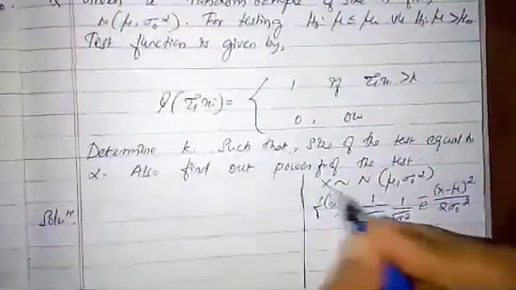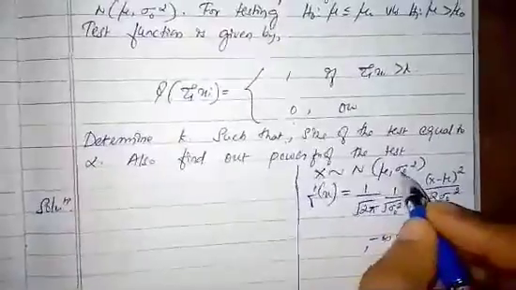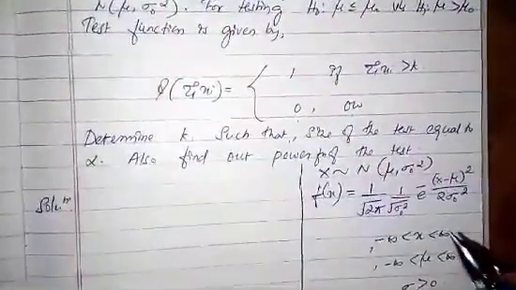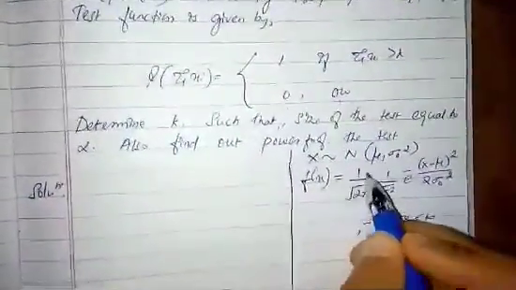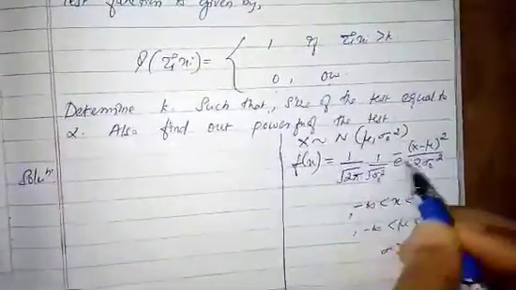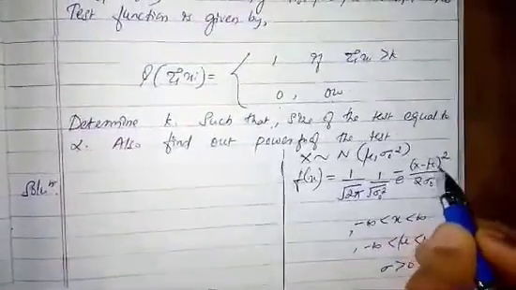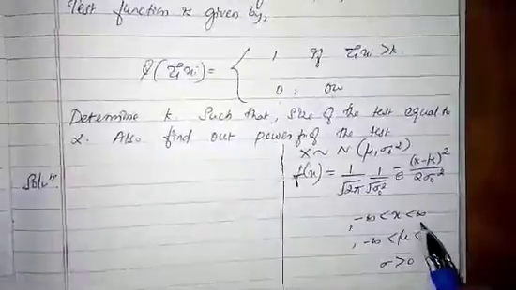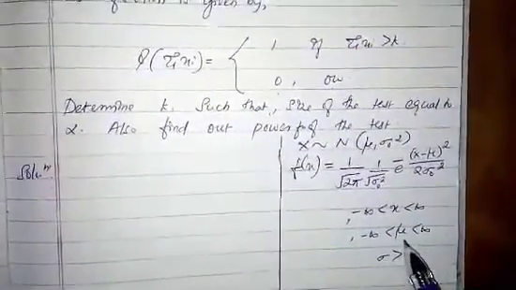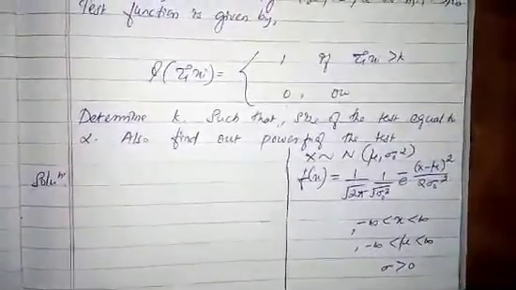If x follows normal with mean mu and variance sigma naught square, then the PDF is f of x equal to 1 by square root of 2 pi, into 1 by square root of sigma naught square, into e power minus (x minus mu) whole square divided by 2 sigma naught square, where the range of x is minus infinity to infinity, the range of mu is minus infinity to infinity, and sigma is greater than 0.